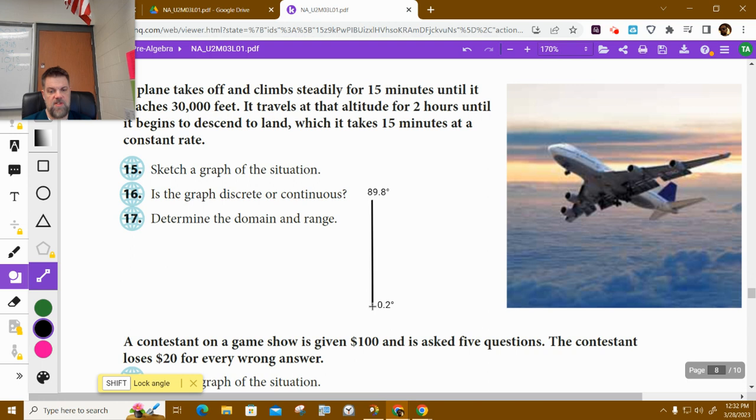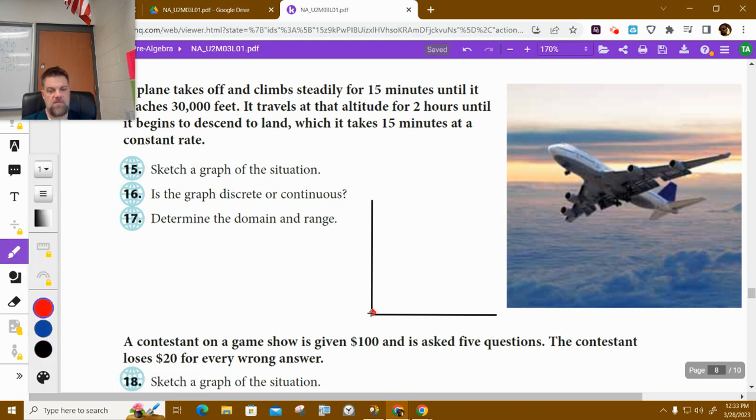Let's draw our graph. This is our y-axis. And this is our x-axis. This represents the time.